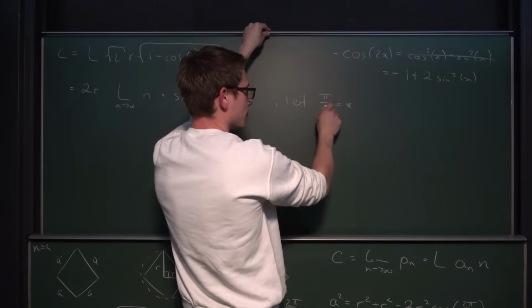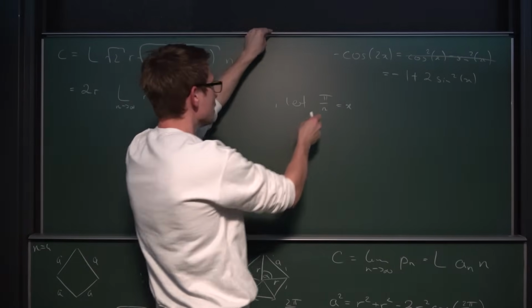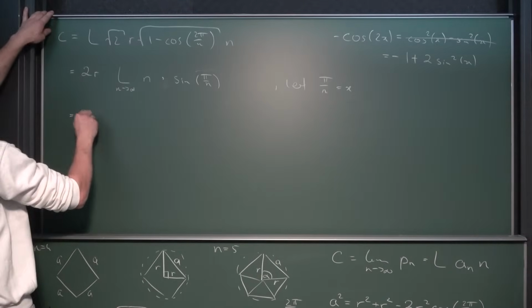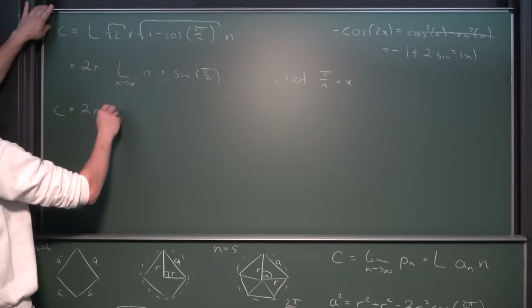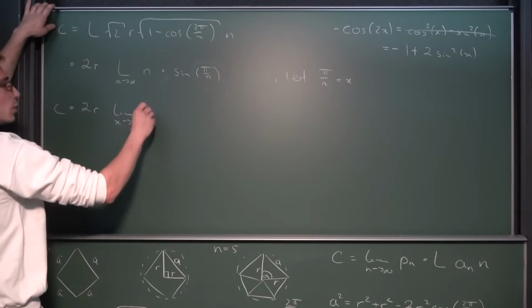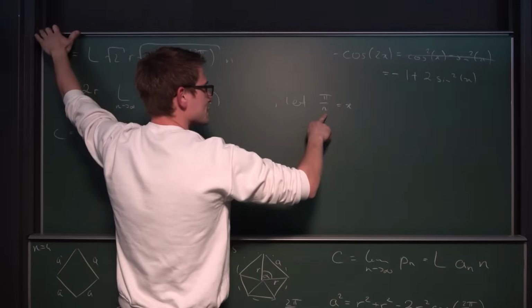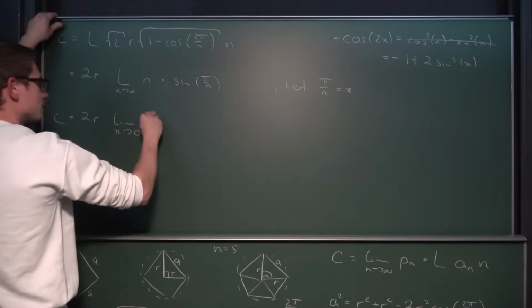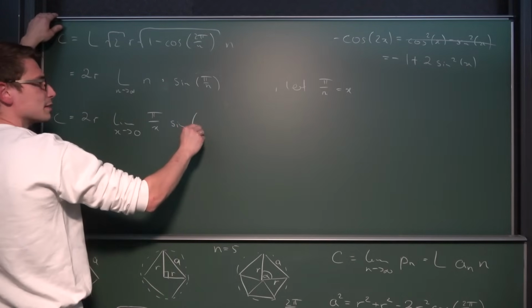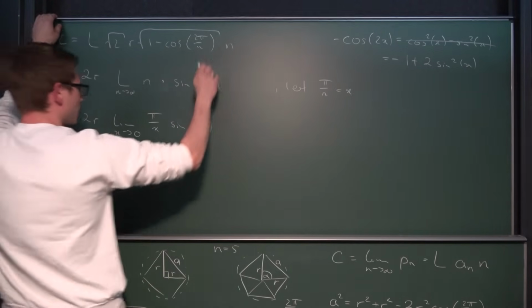When n approaches infinity, it's just like with integrals, okay? It's nothing else. Then x goes to 0. So we are going to rewrite our limit as 2r times the limit as x approaches 0 of. Now n is the same as pi divided by x. And then we are going to get sine of x.